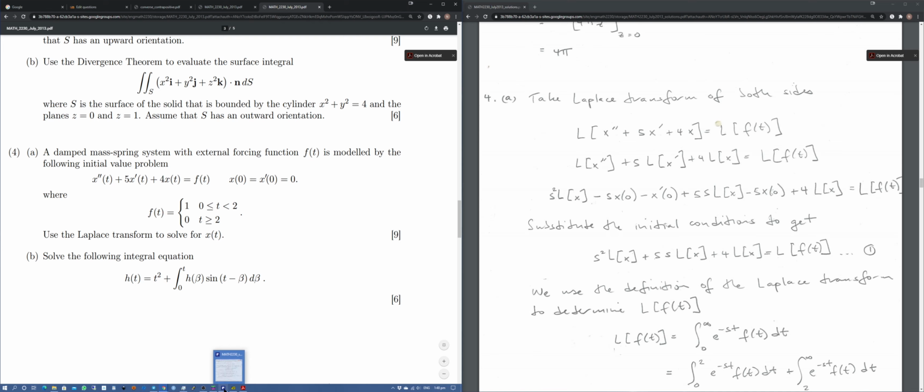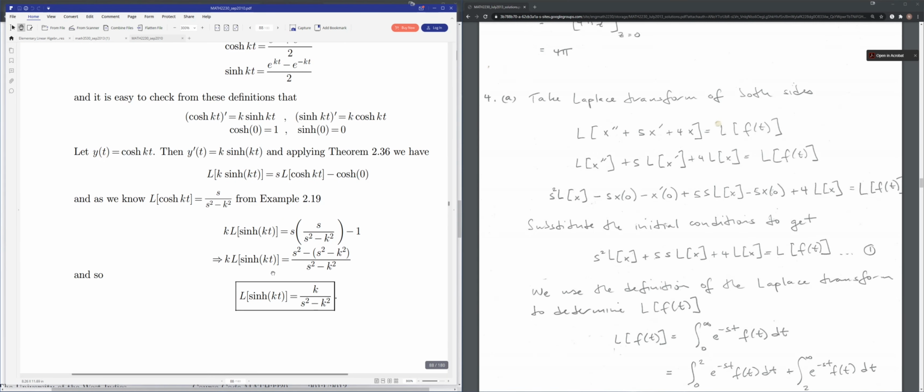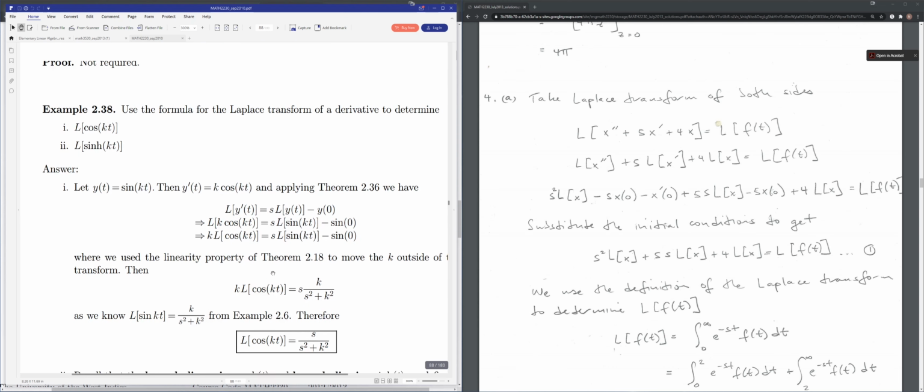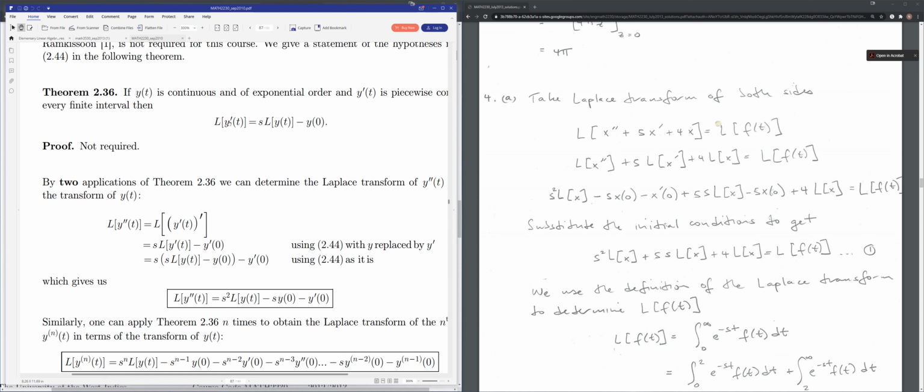You want to remember what those formulas are, the Laplace of first and second derivatives. The Laplace of the first derivative: if I have y prime, then it's s Laplace of y of t minus y0.